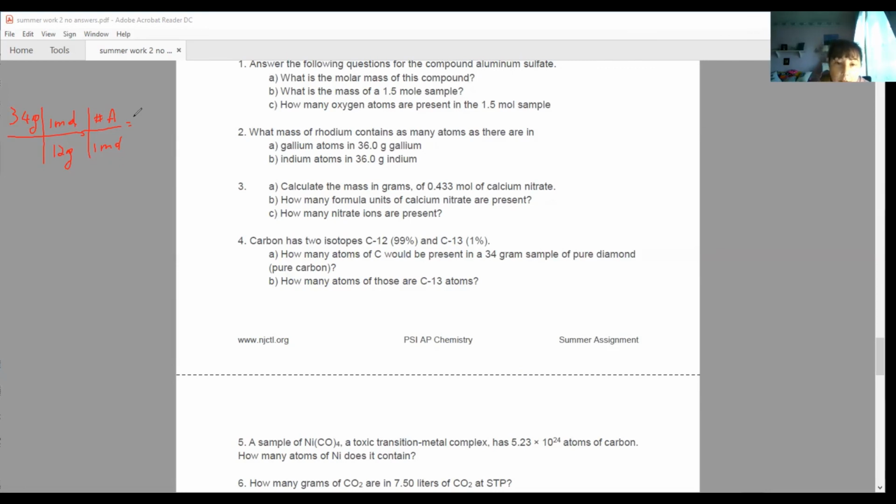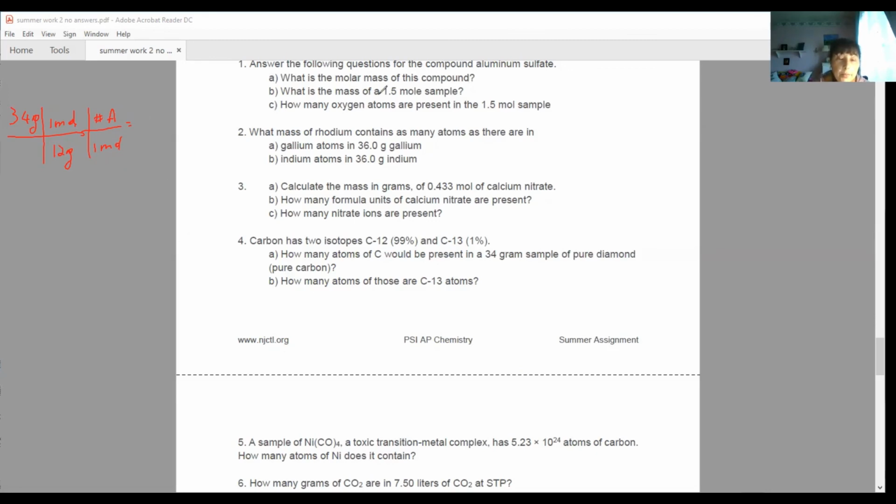And then how many atoms of those are C13? Well, 1% of that. So the 1.71E24 is the number of atoms for pure carbon, and 1%, so 1.71E22, is the number of atoms with mass 13 instead.